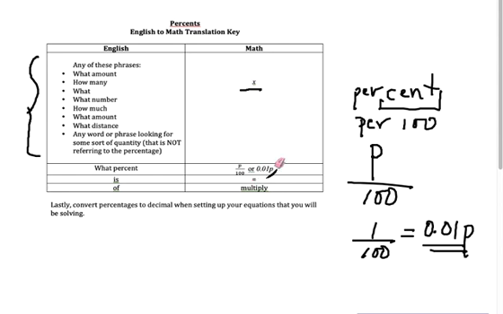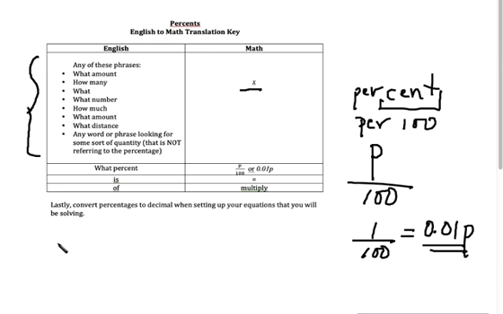Now, if you hear the word is, what do you think the word is in math? If you came up with the idea of equal, you'd be correct. If you hear the word is, you're going to put an equal sign in that place. Lastly, if you hear the word of, that is the key to the mathematical operation of multiply.